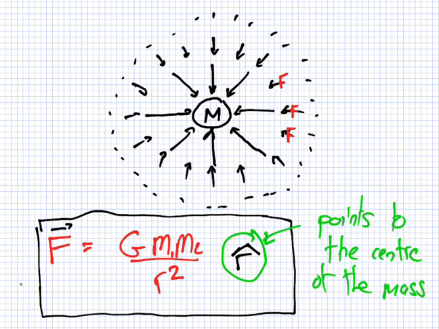Whenever we have fields, we can talk about the strength of the field, how concentrated it is. If we think about a magnet, it's much stronger when you're close to it than further away. Same goes for gravity. So how can we measure how strong the field is? We need some way of measuring it.